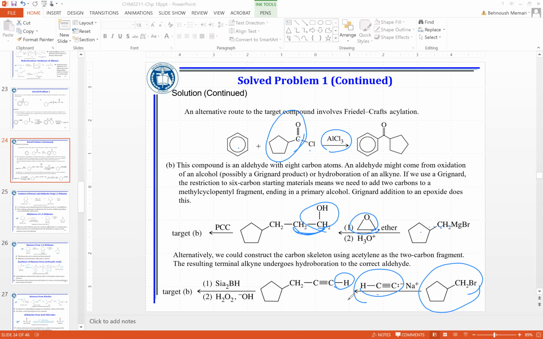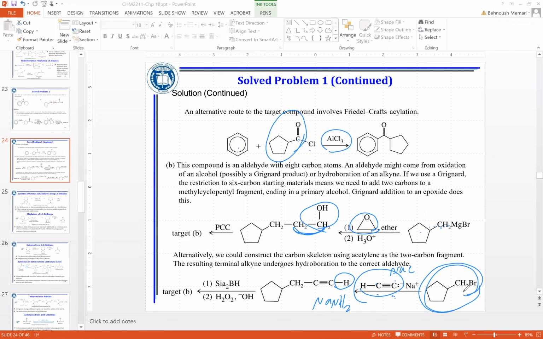You can add a strong base like sodium amide, NaNH2, to terminal alkyne and remove the hydrogen. So when you remove the hydrogen, you end up with a nucleophile. The acetylide ion that you have here can act as a nucleophile. It can react with alkyl halide.